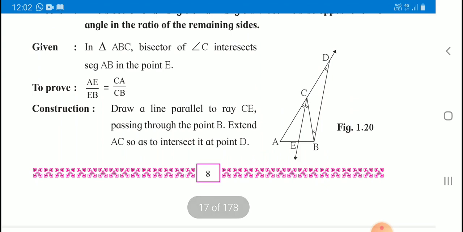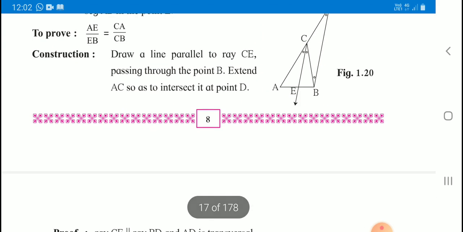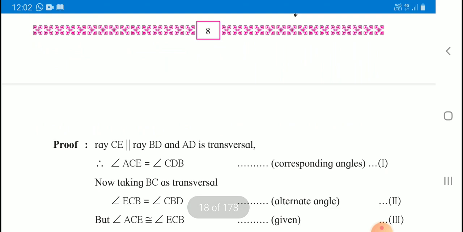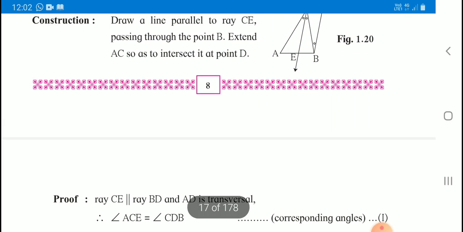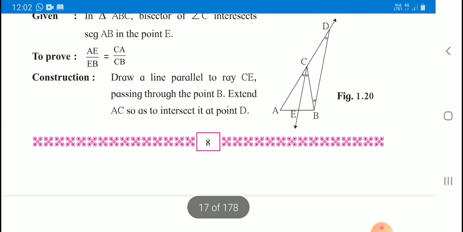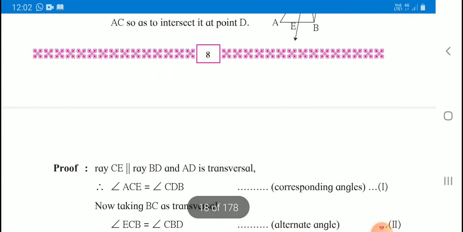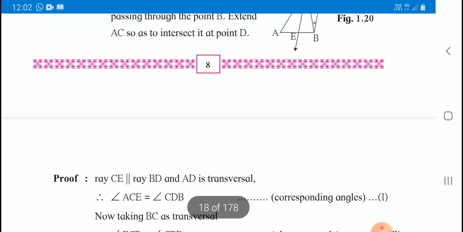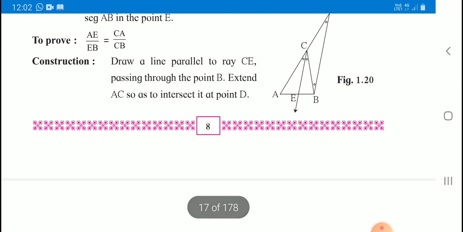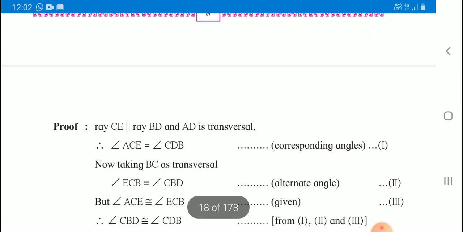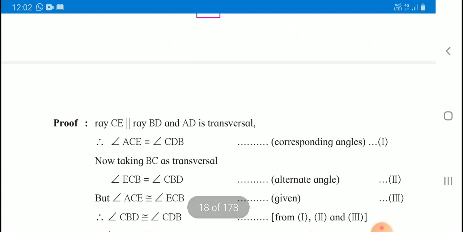Ray CE is parallel to ray BD, and AD is the transversal. Then angle ACE and angle CDB are the corresponding angles. Now when we take BC as a transversal, angle ECB and angle CBD are the alternate angles.